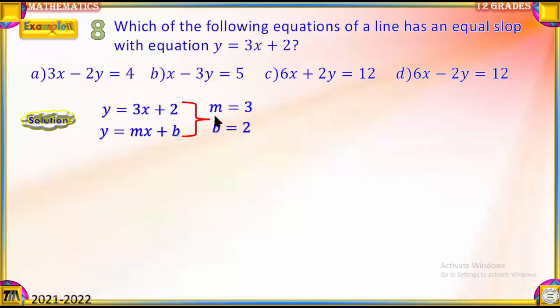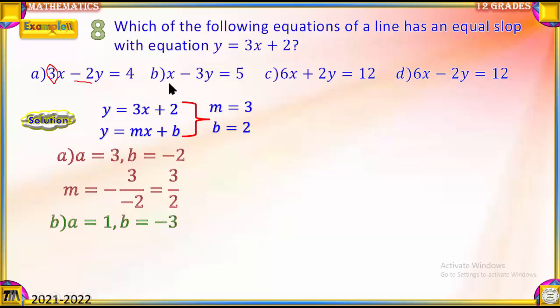Then we have the slope as 3. And now find the slope of all other equations. A, you can see that a is 3 and b is minus 2. Then the slope is equal to minus 3 over minus 2, which equals 3 over 2. It's not equal to 3. Then it is not a correct answer.